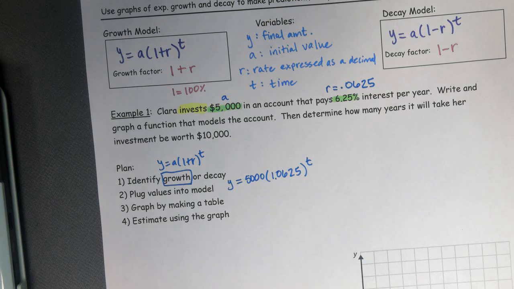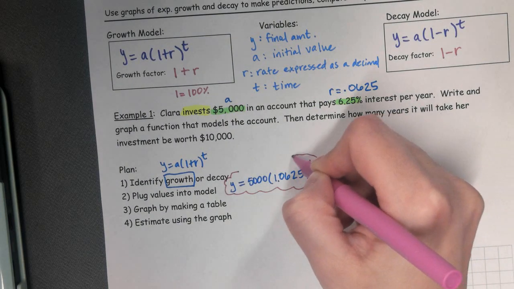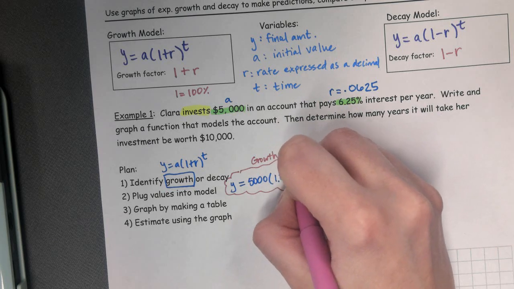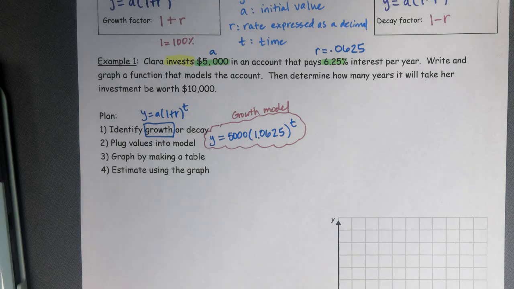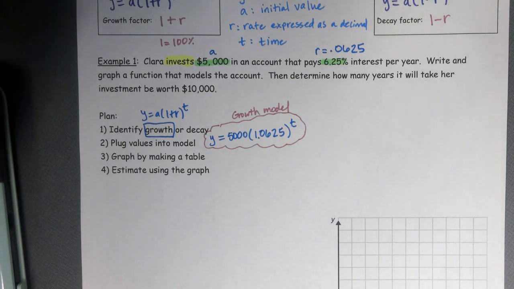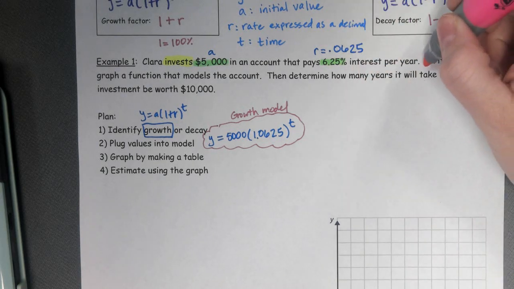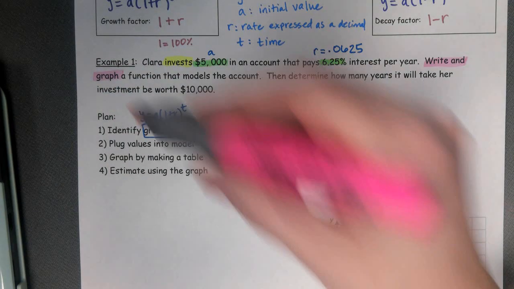So that is what we would call our growth model. Now, it says to write and graph a function. So if we're writing and graphing the function, we already did the writing part. We are going to graph by making a table, and this will be something that you can use your graphing calculator for.